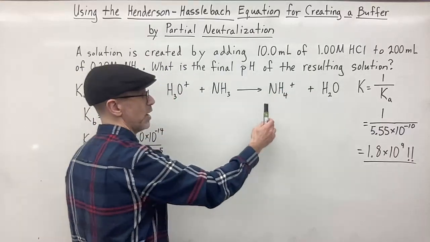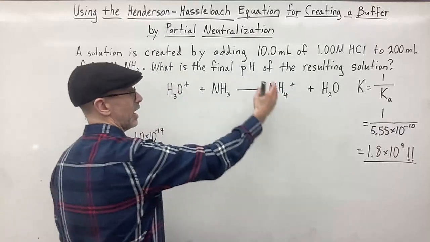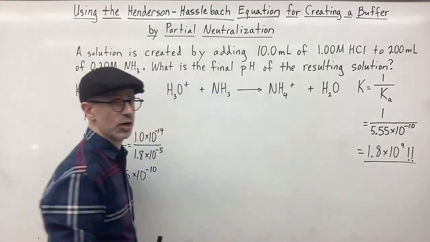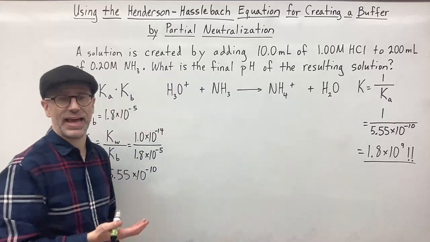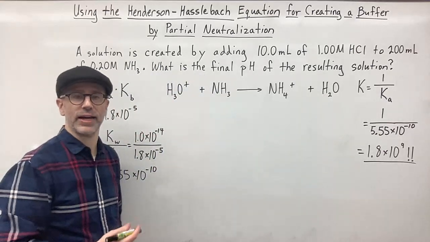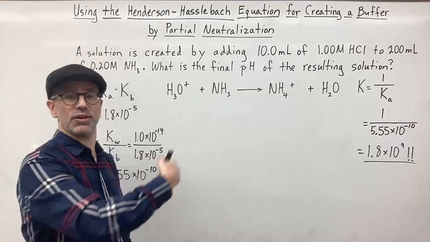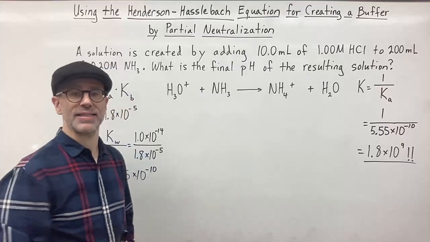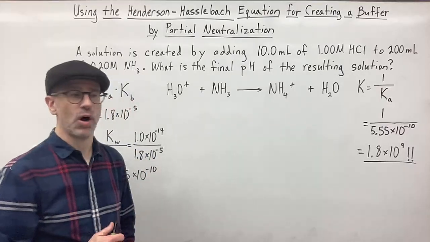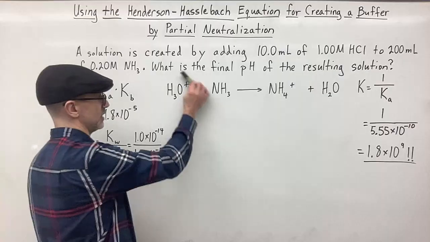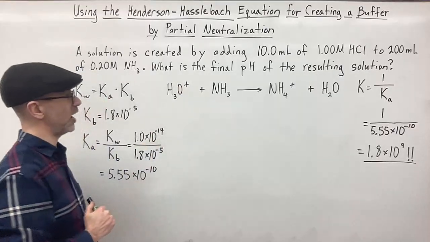So anytime you have a weak acid reacting with water, the K value is the Ka. That's the way Ka is defined. It's the weak acid reacting with water to give whatever the products are. In this case, conjugate base and the H plus ion.